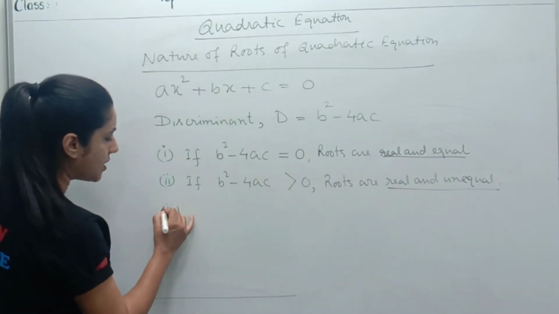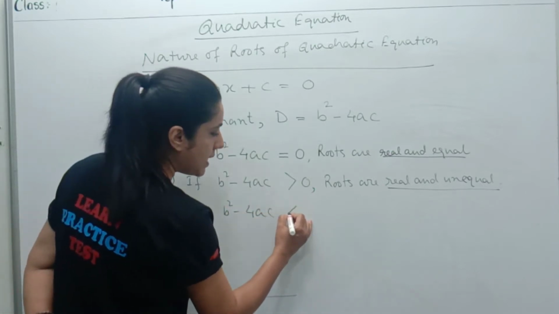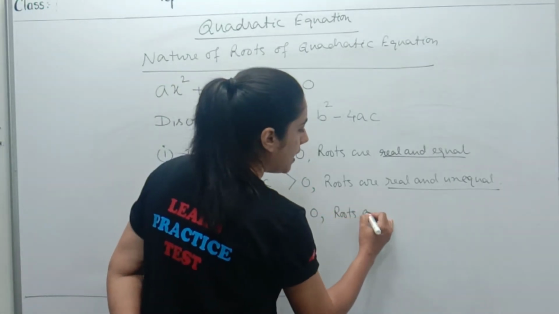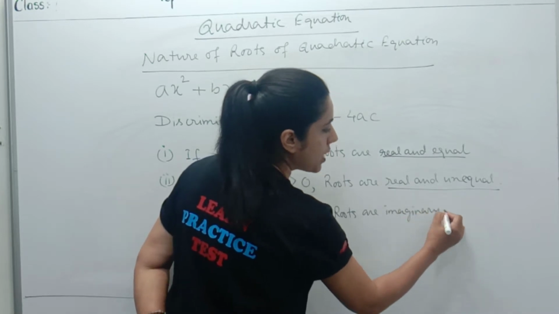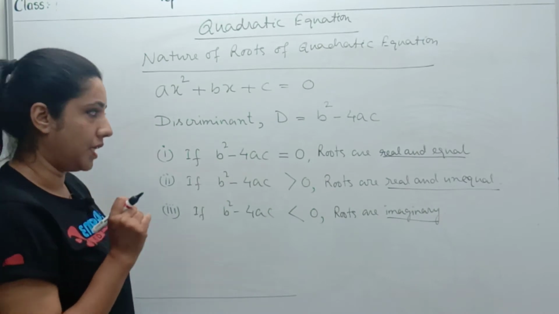And the last criteria, if b square minus 4ac is less than 0, then the roots are imaginary. That is, the roots are not real. So we need to remember these three criteria.